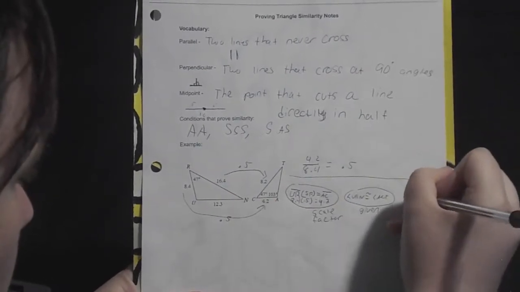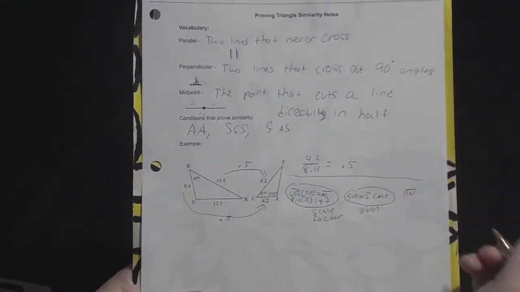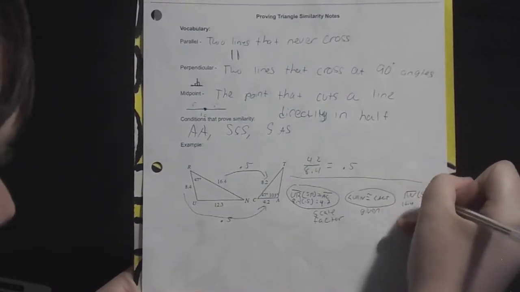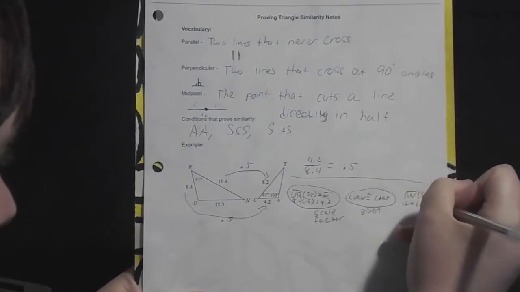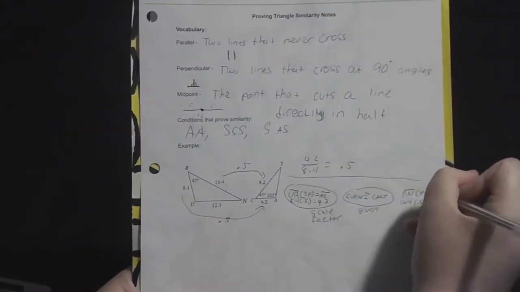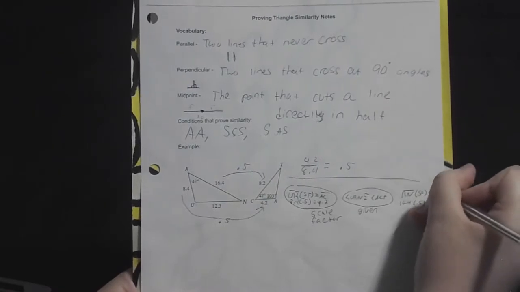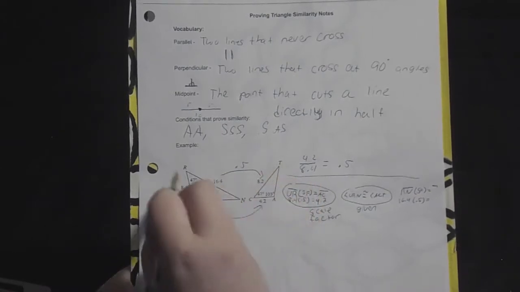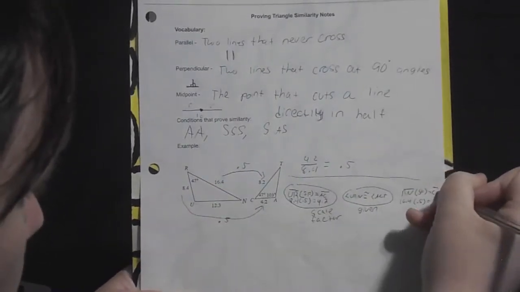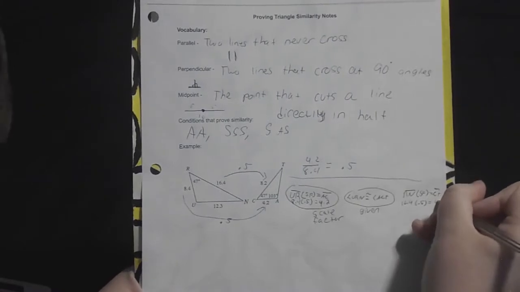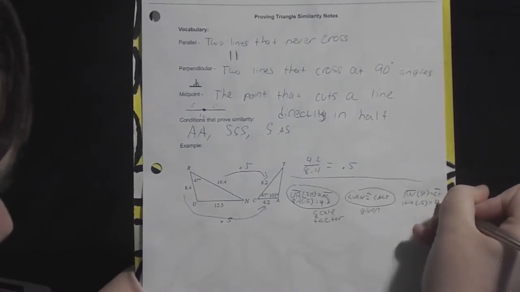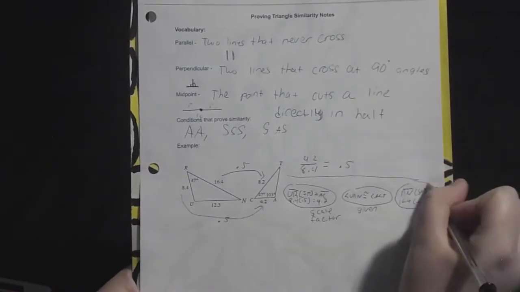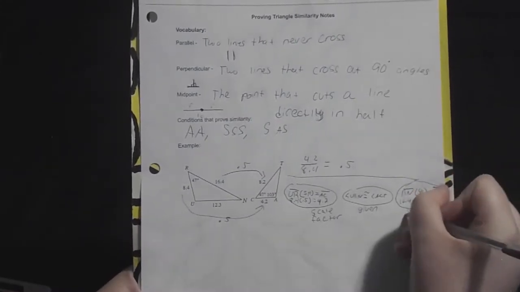So side RN, which happened to be 16.4, so I'm going to write that beneath it, times the scale factor, which was 0.5, so I'm going to write that beneath it, was equal to side CT, which is what goes with R and then N. And CT was 8.2. I'm going to circle that, and I knew that was working out because of the scale factor.